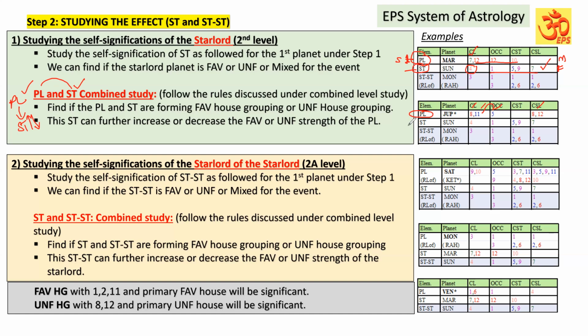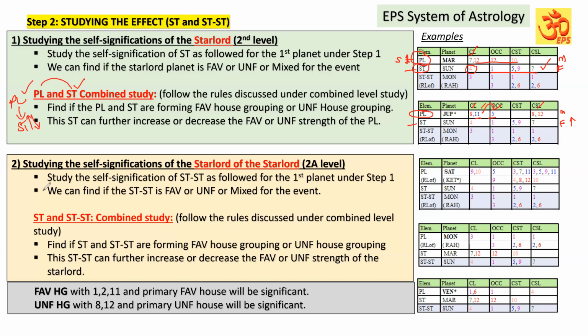But you can see step number 2, the same Sun, 4, 1, 5, 9 and 7. This Sun is supporting the 11th house and 5th house of the planet, and the 8 and 8 and 12 houses are not strongly supported by the Starlord planet. So the planet is mixed and the Starlord is favorable. So favorable strengths are supported and increased by the Starlord. I hope you have understood the combined level study.